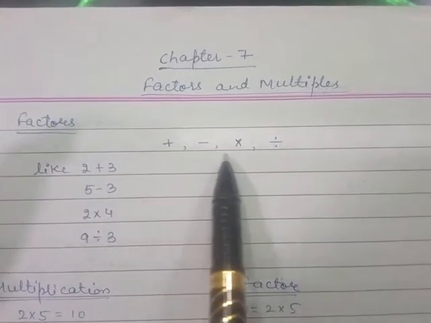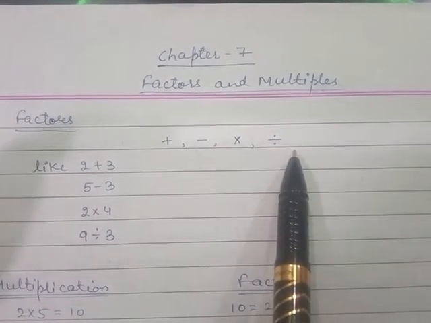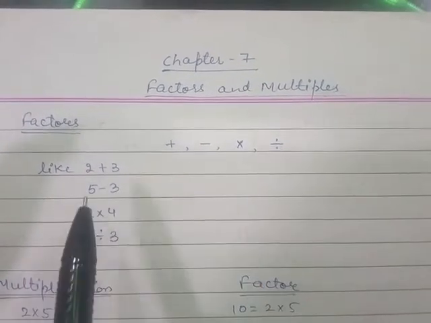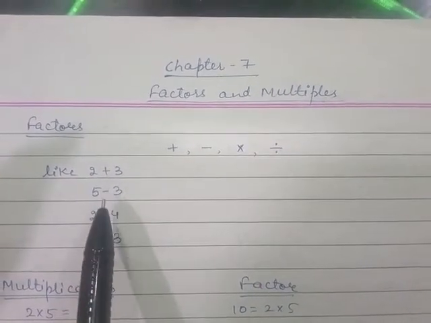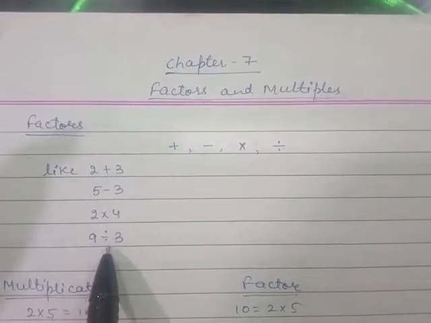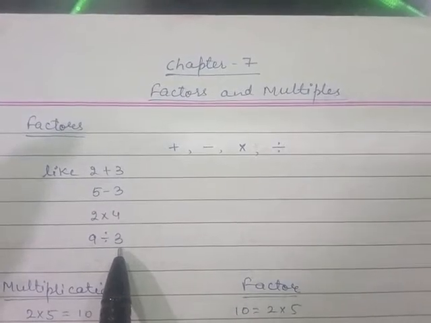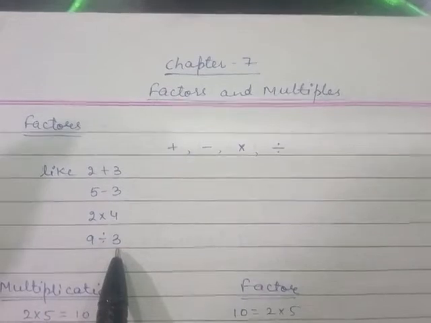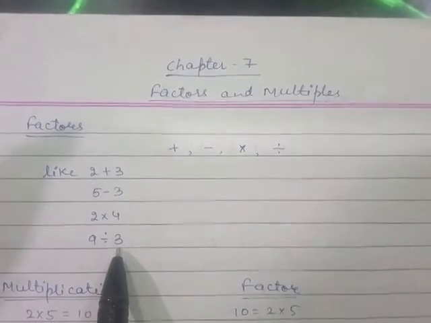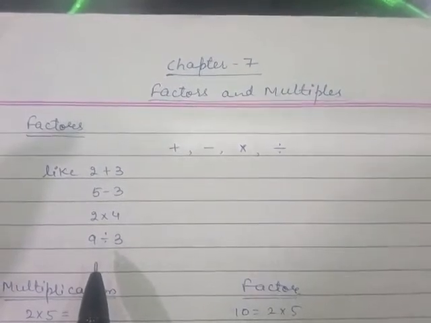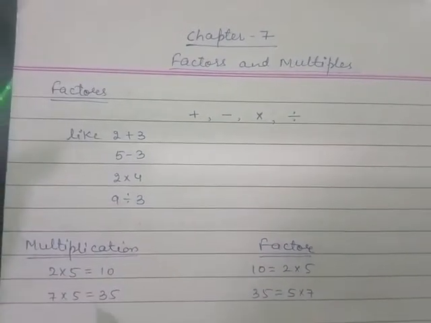In all these mathematical operations, we needed at least two numbers, like 2 plus 3, 5 minus 3, 2 into 4, 9 divided by 3, etc. However, factorization needs only one number. We can even think of factorization as unmultiplying. So here we will discuss multiplication and factors.